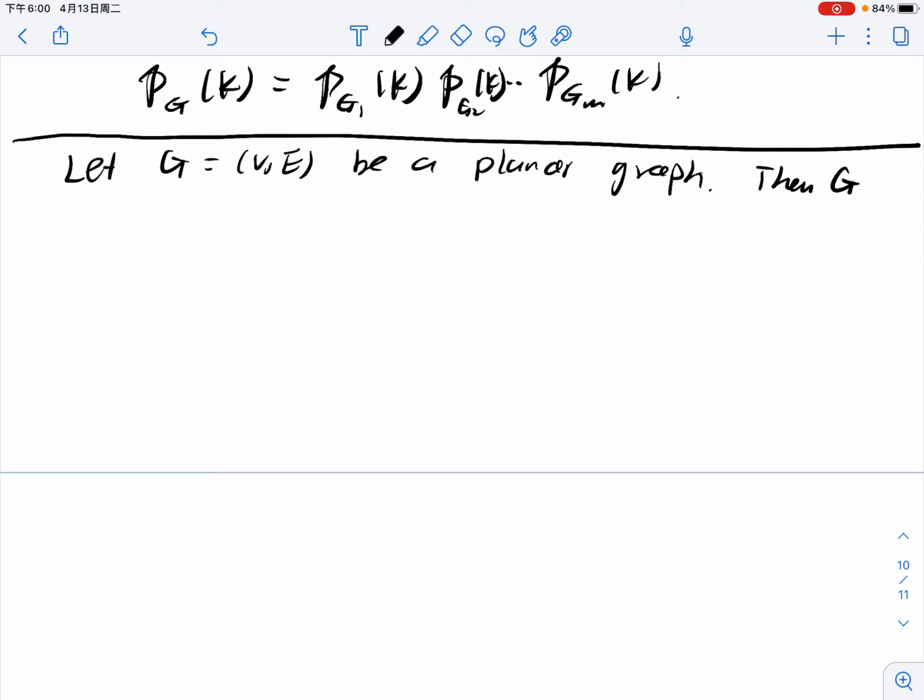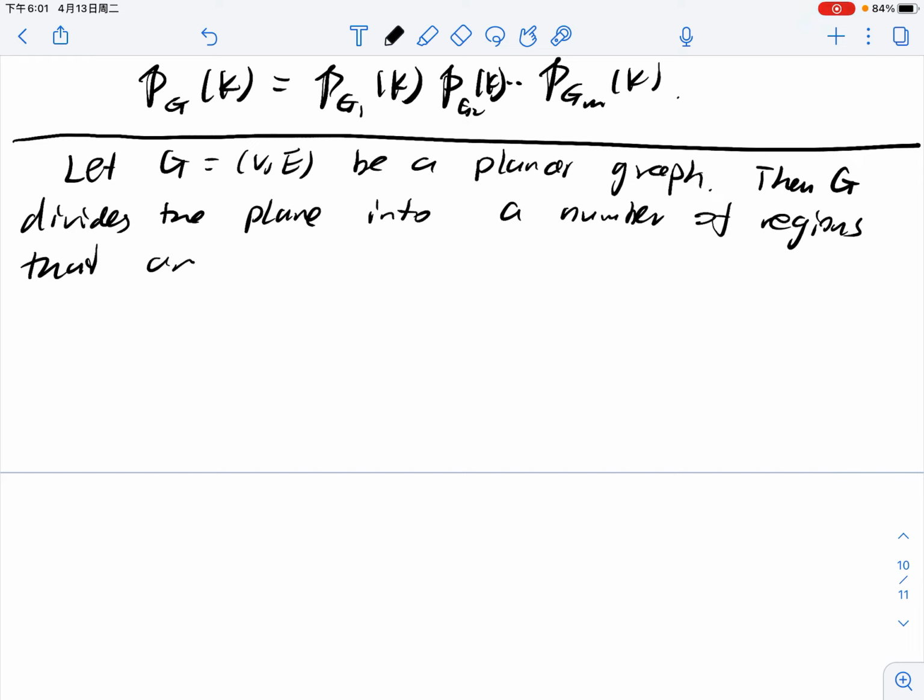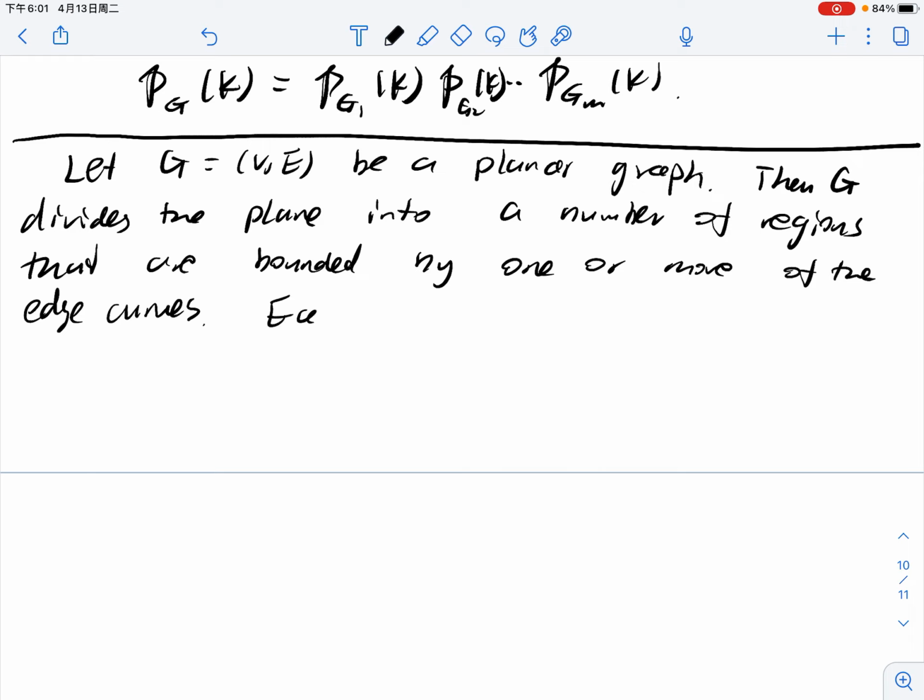So then G divides the plane into a number of regions that are bounded by one or more of the edge curves, and exactly one of these regions extends to infinity.